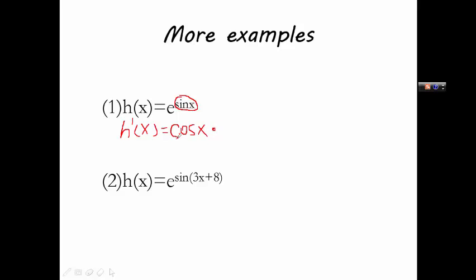Then we multiply by the derivative of the outside function, which is itself into sine x. And now we are facing a more complicated example, which is the composition of 3 functions.